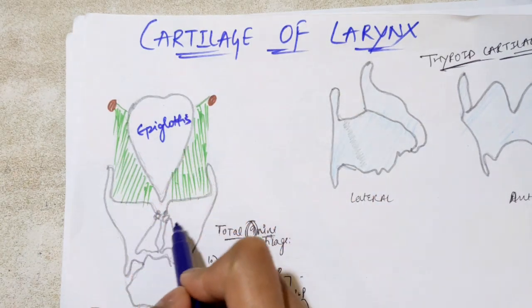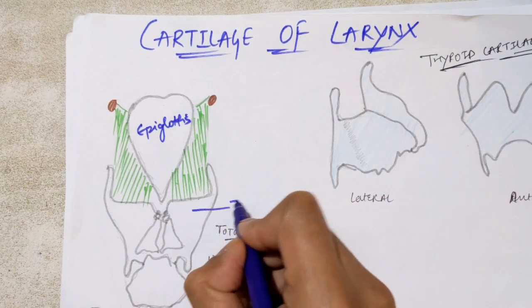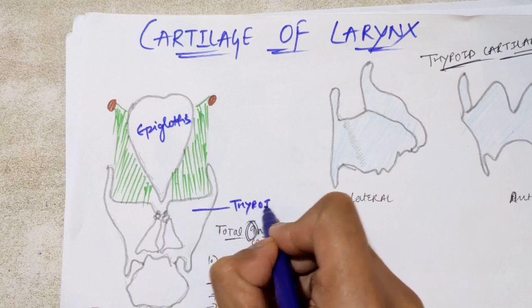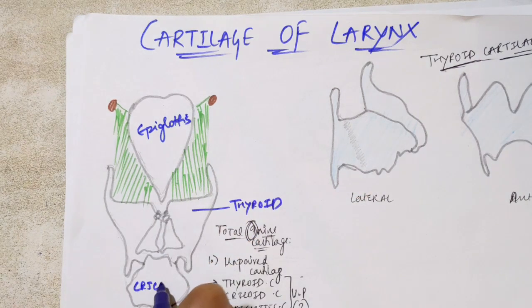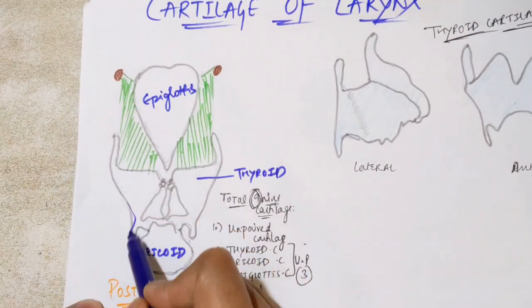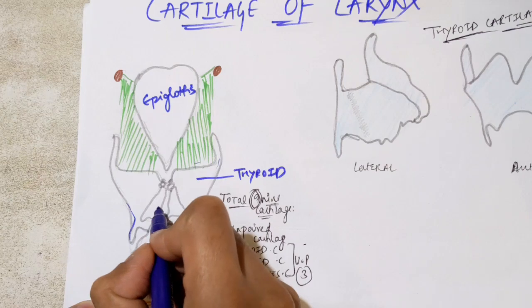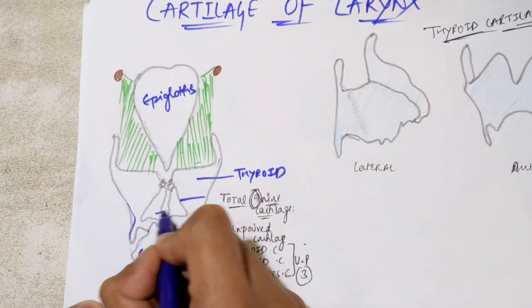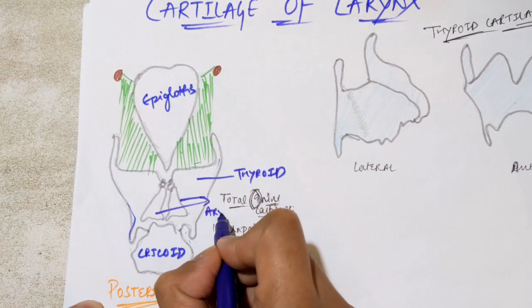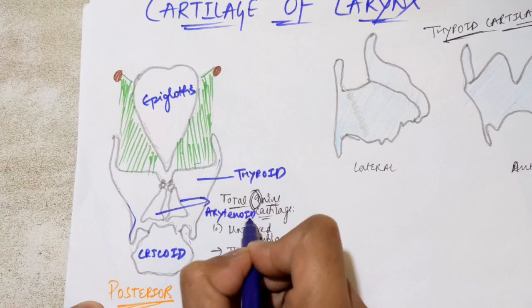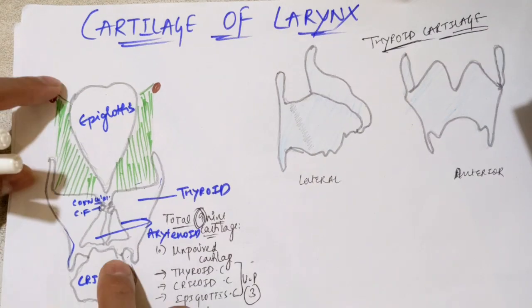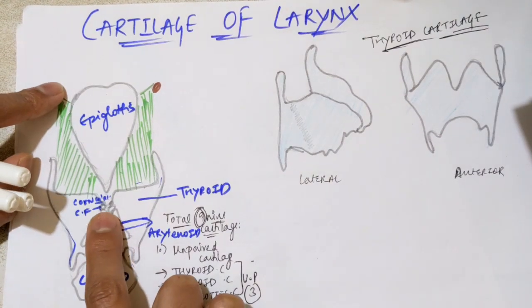And this one you can see here is your thyroid cartilage. And here this is your cricoid. This much area is your cricoid. And this is the horn-like shape. In between these two, paired, are the arytenoids. And above the arytenoids there are 2 small cartilages.